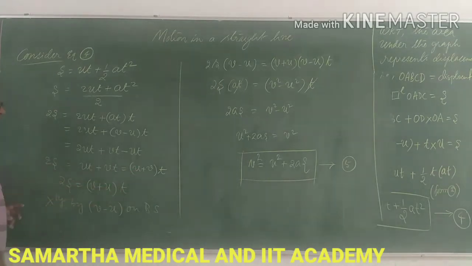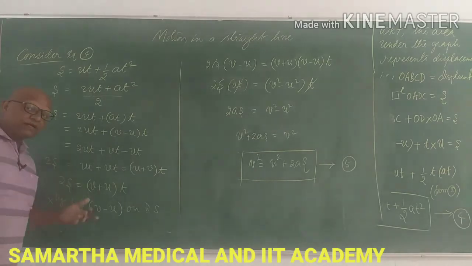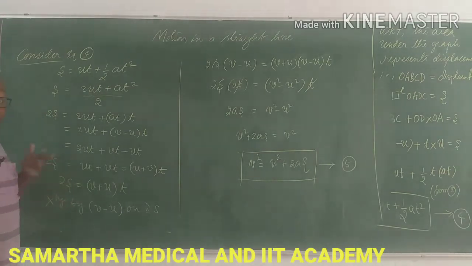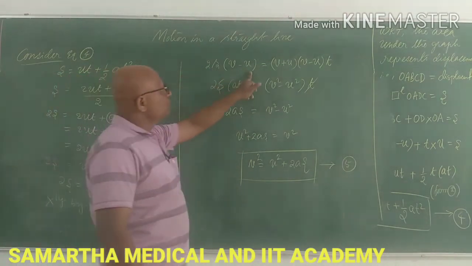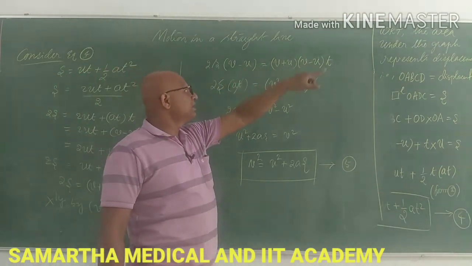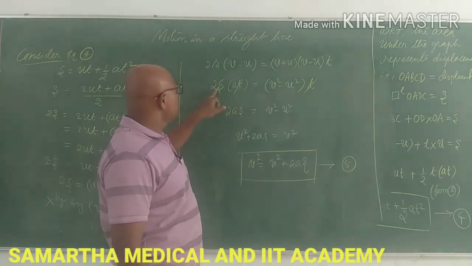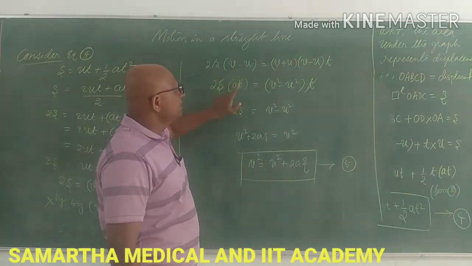Fine. Now what will we do? We will rationalize the denominator. You know this method of rationalizing the denominator. Here there is no denominator, even though we will try to solve it by multiplying. Multiply on both sides by V minus U, so that it becomes V plus U into V minus U, V square minus U square. We have to multiply on both sides: 2S into V minus U is equal to V plus U into V minus U into T. Now 2S into V minus U means AT.